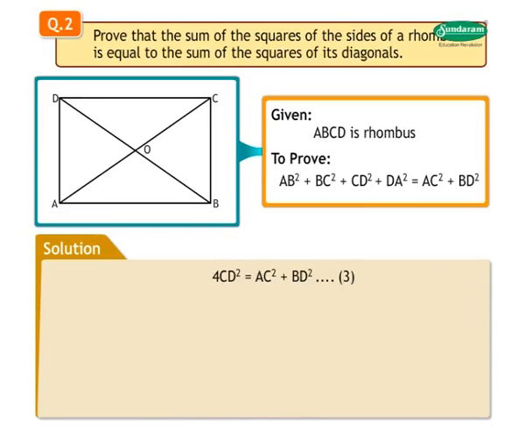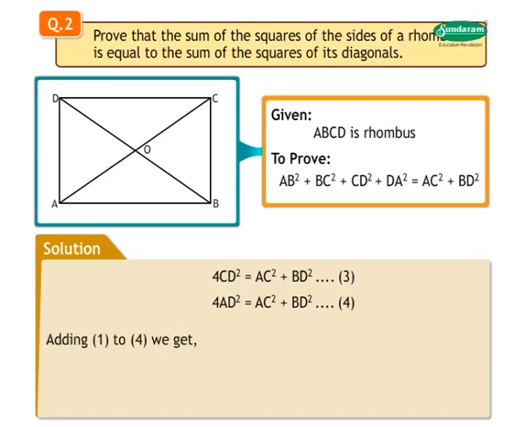4CD square is equal to AC square plus BD square. Let us mark this as statement 3. 4AD square is equal to AC square plus BD square. Let us mark this as statement 4.